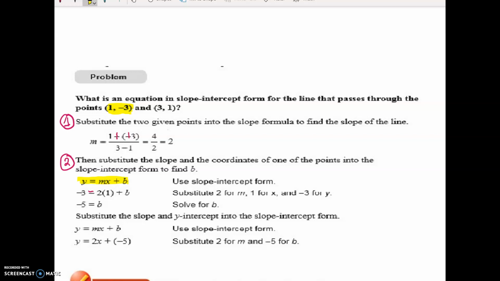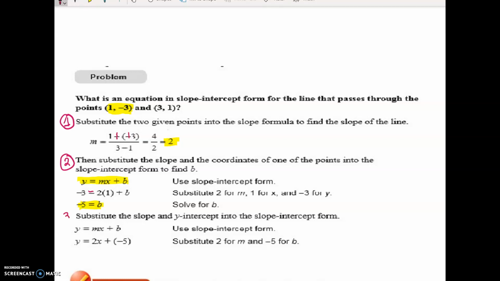So 2 times 1 would give us 2, so we're going to subtract the 2, and that would give us -5 is b. So now we have our 2 elements. Our slope is 2, and we solved for our y-intercept, that is -5.